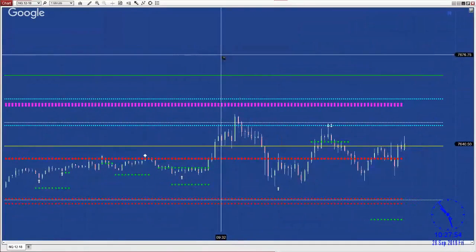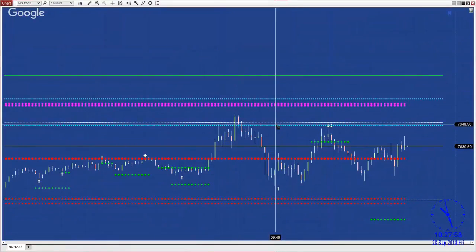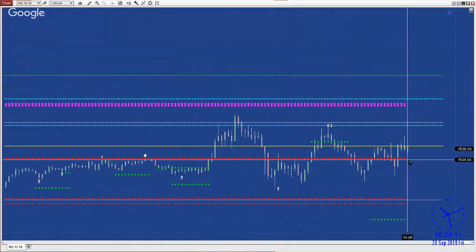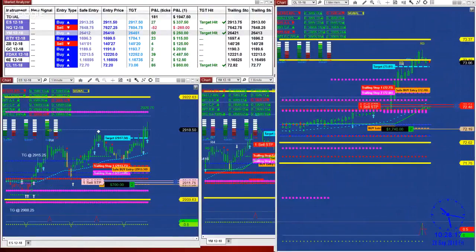Even the CL and ES were trading, and it seems like there is a problem at the 48.25 level. You notice that, and it's not going anywhere on the Nasdaq. You see, it's chop. You cannot trade the Nasdaq at the moment.